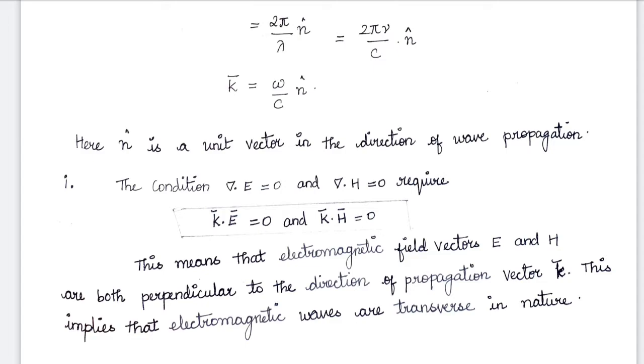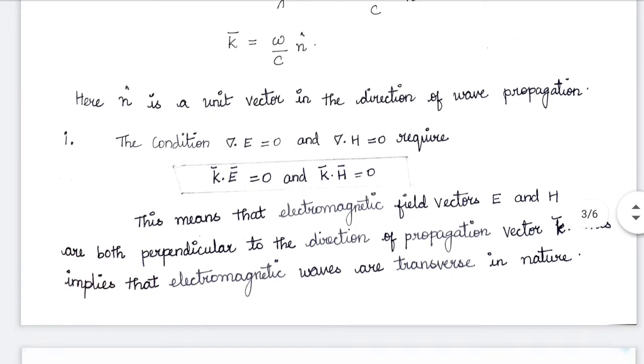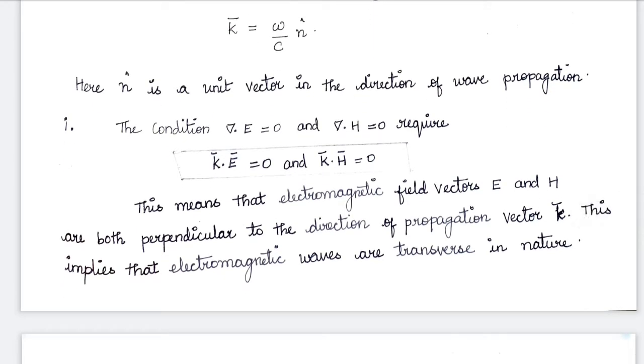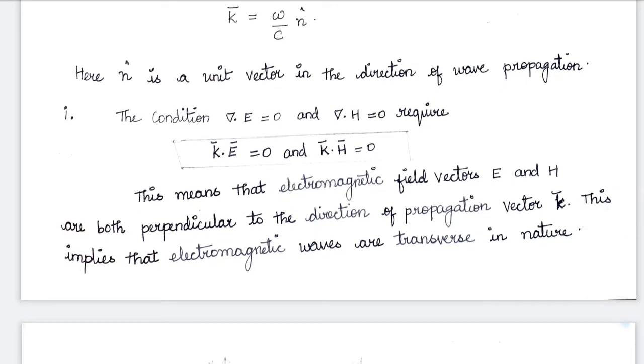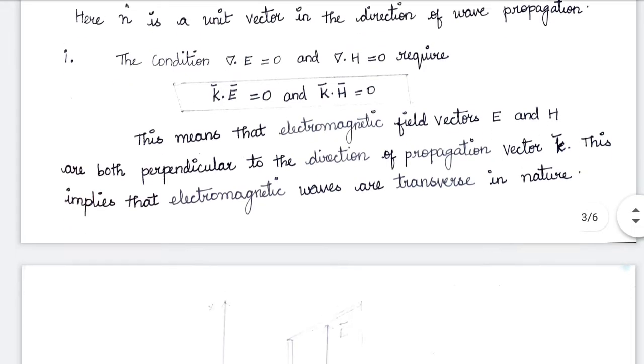Which implies that electromagnetic waves are transverse in nature. We all know electromagnetic waves are already transverse in nature from other theories. Again, from Maxwell's equations it is proved that electromagnetic waves are transverse in nature, and E vector and H vector are mutually perpendicular to each other.